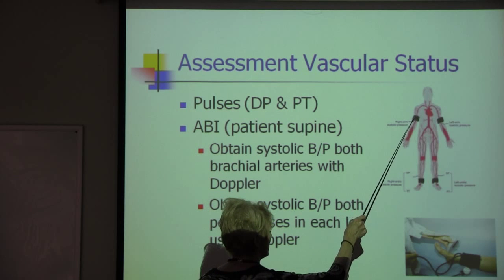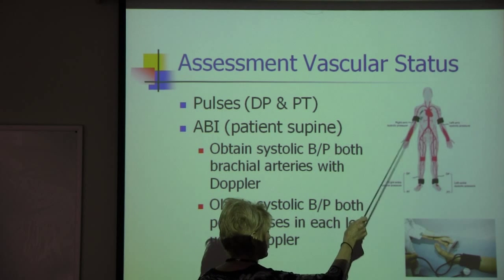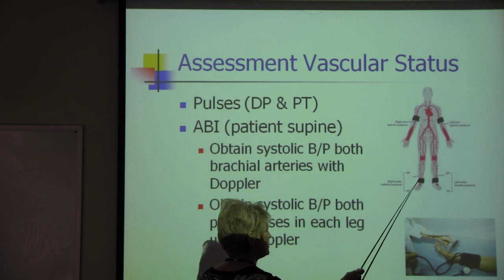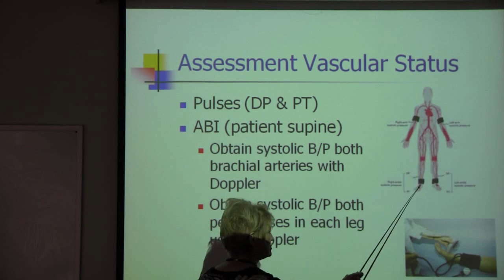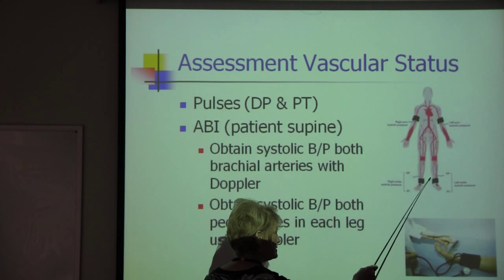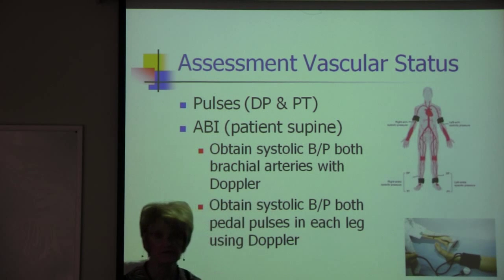You're going to get the systolic blood pressure in the right brachial artery, left brachial artery. You're then going to get your systolic blood pressure on the right dorsalis, right posterior, left dorsalis, left posterior.